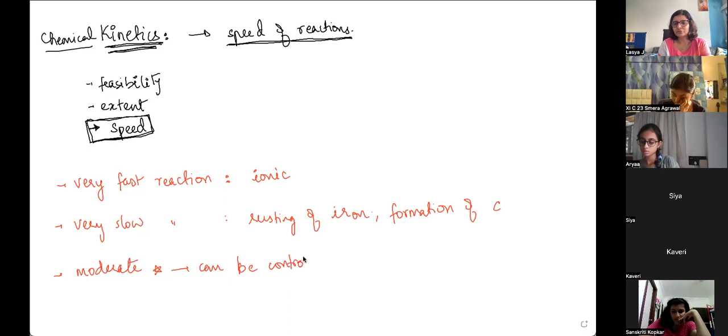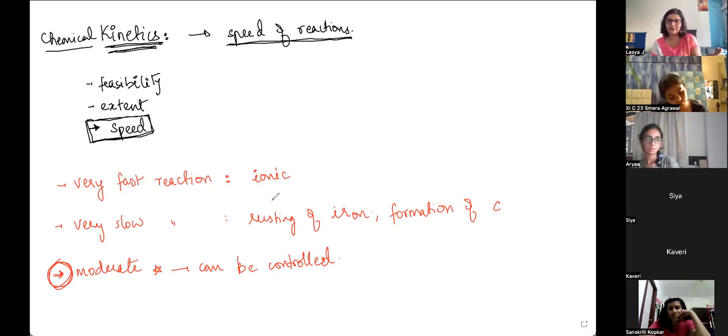Okay. So at least in this chapter, when we talk about chemical kinetics, we'll be looking at a lot of moderate reactions, general ones. Very fast, you can't do anything about it, because ionic, especially if you have acid bases salts, as soon as you put them into water, they dissociate into ions, and then once the positive and negative come into contact, you have your product.